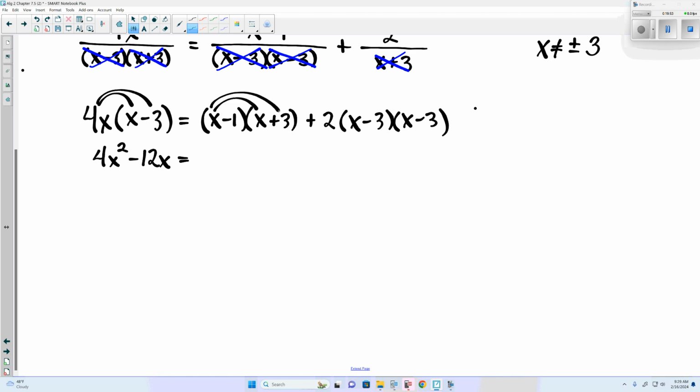Now we don't need the parentheses around it when we're multiplying it. One, because there's not a number or a sign in front of it. So none of the signs would change. x times x is x squared. X times 3 is plus 3x. Negative 1 times x is negative x, and negative 1 times 3 is negative 3. Plus.